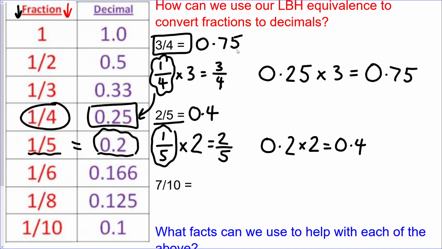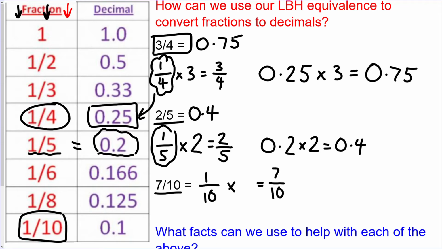And finally, the last fraction, 7/10. Can I see a fraction in my column here that can help me with this? A fraction that has the same denominator? Yes, I can. I can see 1/10 down at the bottom here. So I know that 1/10 times what would give me 7/10?